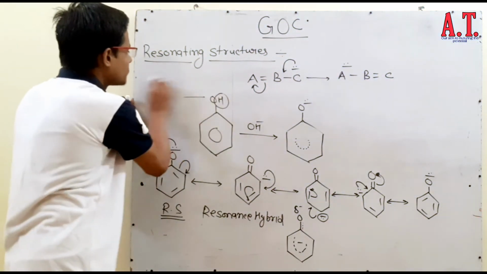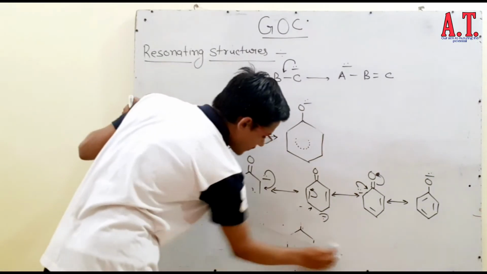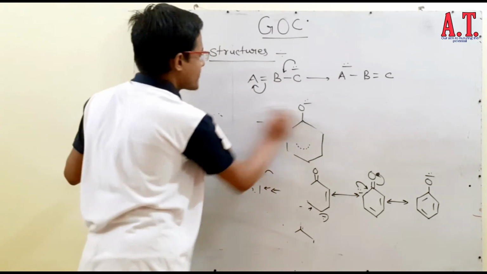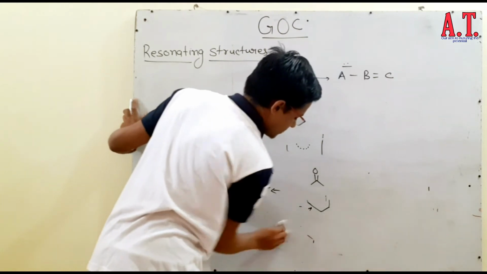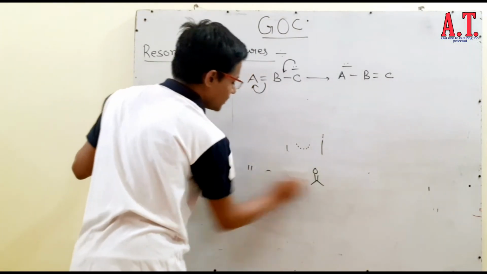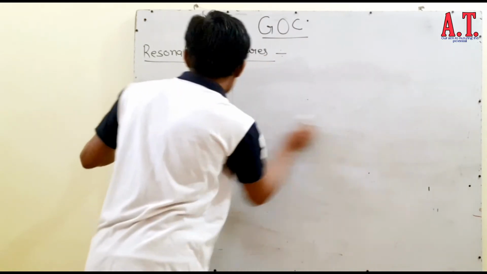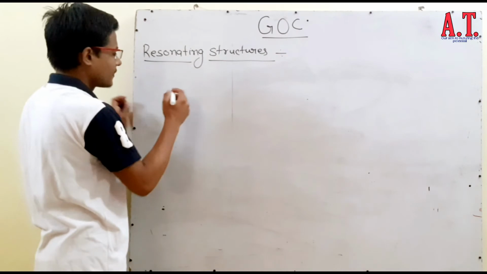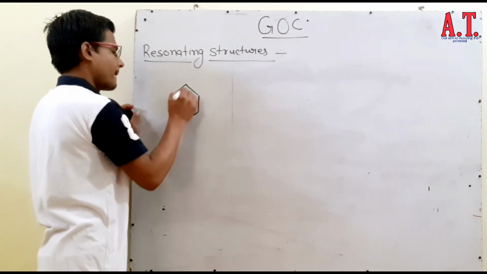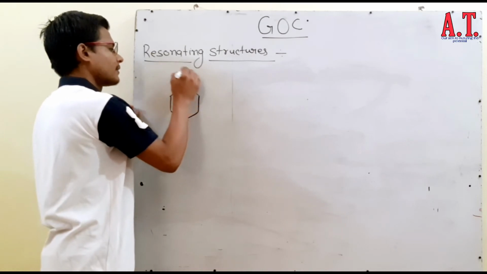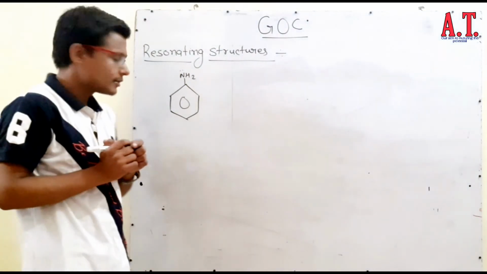So let me show you another example. For another example, I am going to take aniline. Aniline is also a very good compound. This is the aniline compound. NH2 is not a meta directing group.